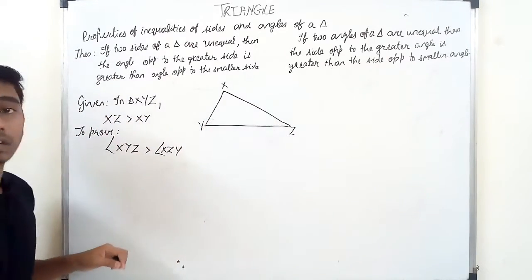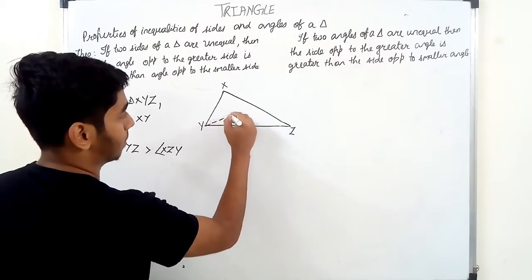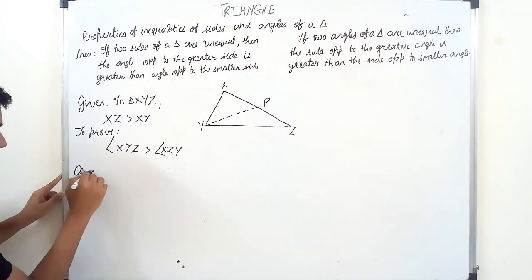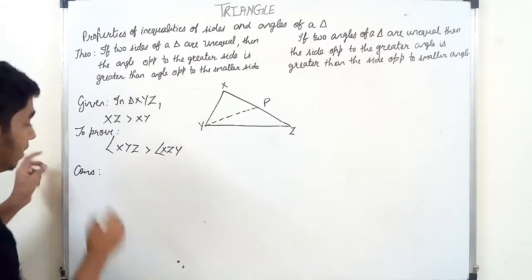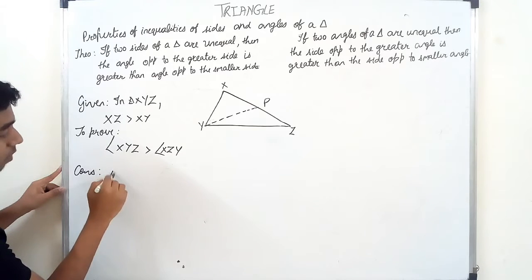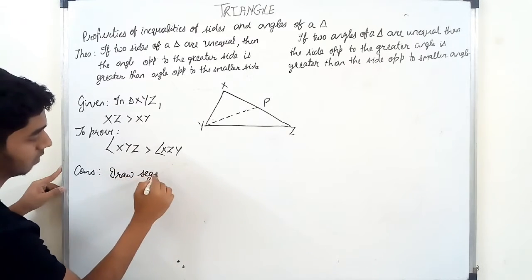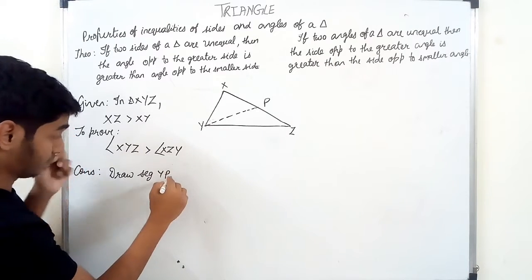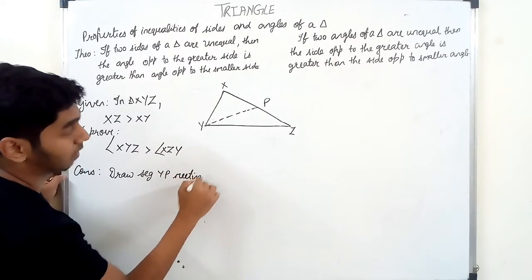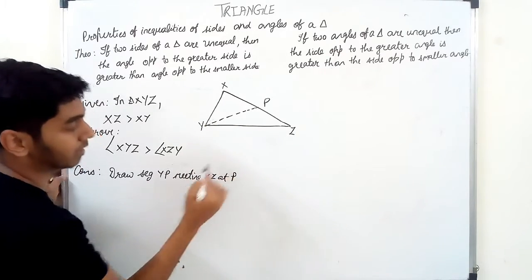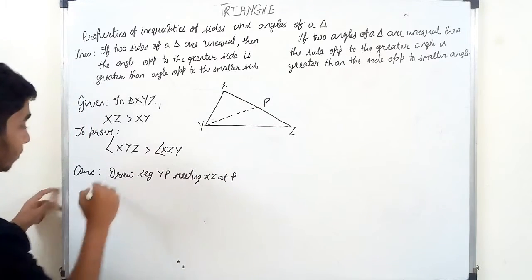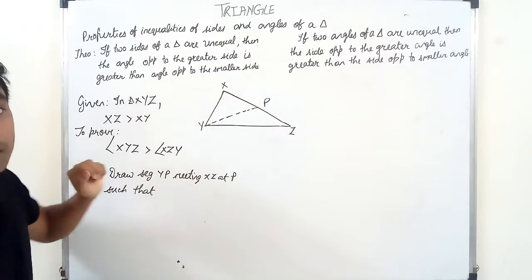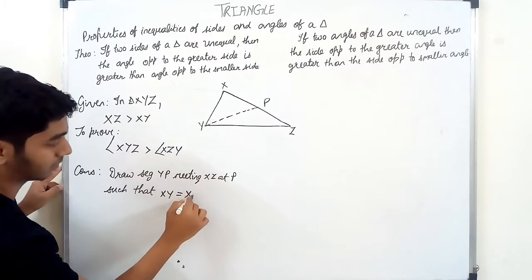So we'll do a construction now. So the construction says, draw segment YP, meeting XZ at P such that XY and XP, they both are the same.